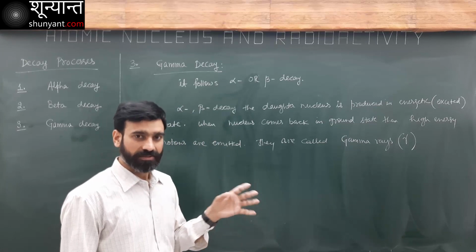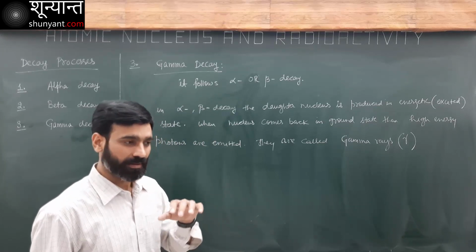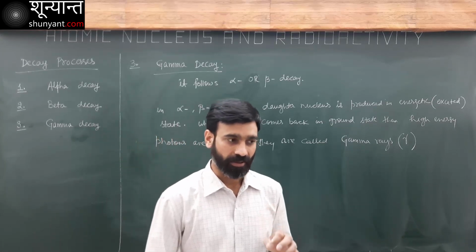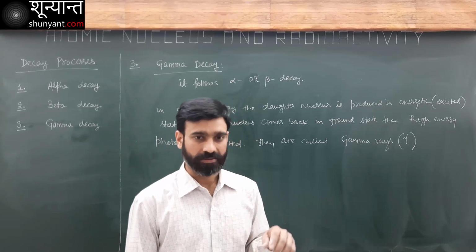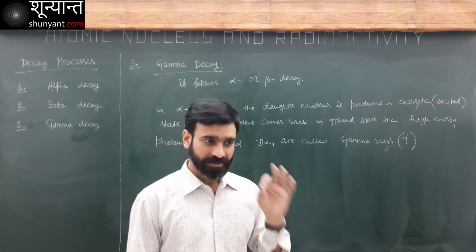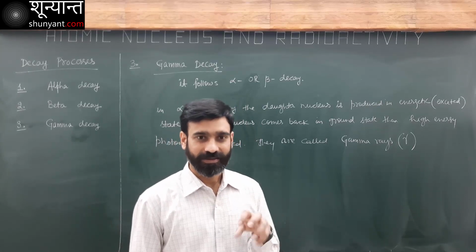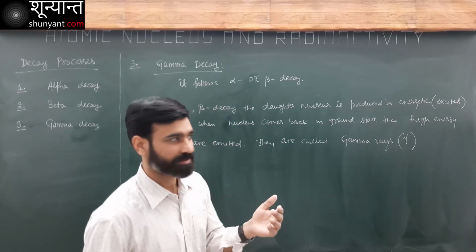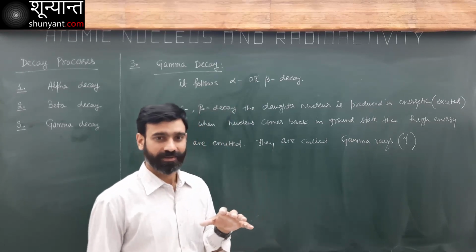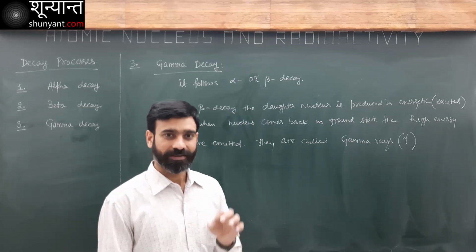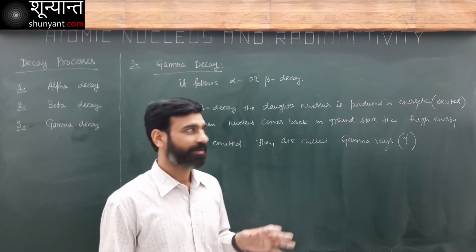Like we have energy states in the orbits of electrons in an atom, exactly the same way, inside the nucleus also, the nucleons, the protons and neutrons, are arranged in different energy states.